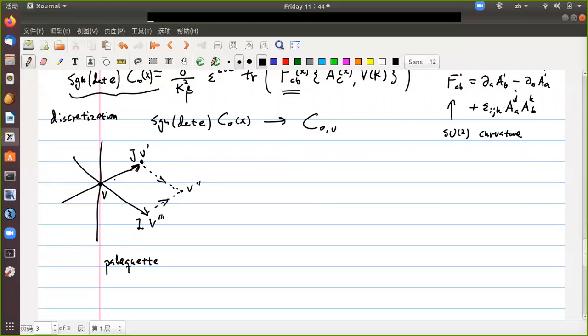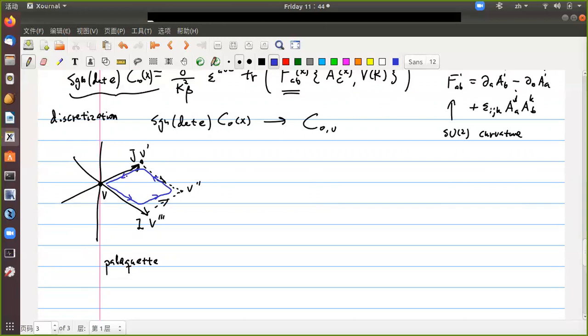And you can consider a loop holonomy going around this plaquette. This is the orientation of this loop.